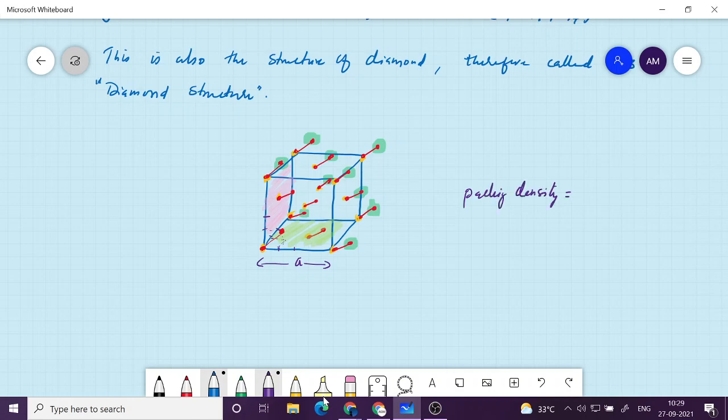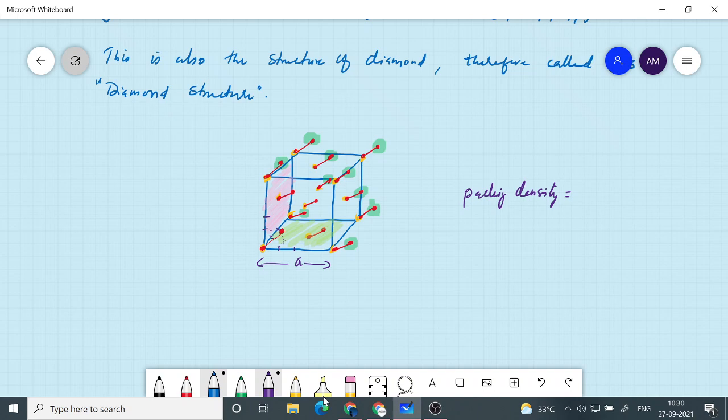Or in other words, the packing density. If I want to find it out, it will be the total number of silicon atoms inside. So now how many silicon atoms are there? From the corner you have, as before, 1/8 share, and there are 8 of them.